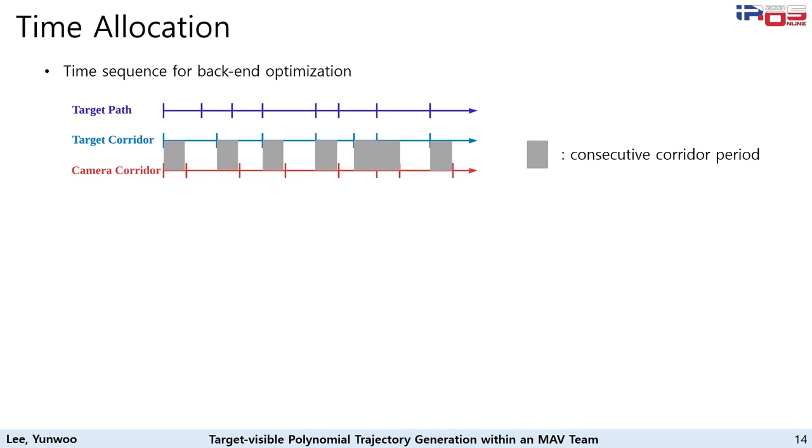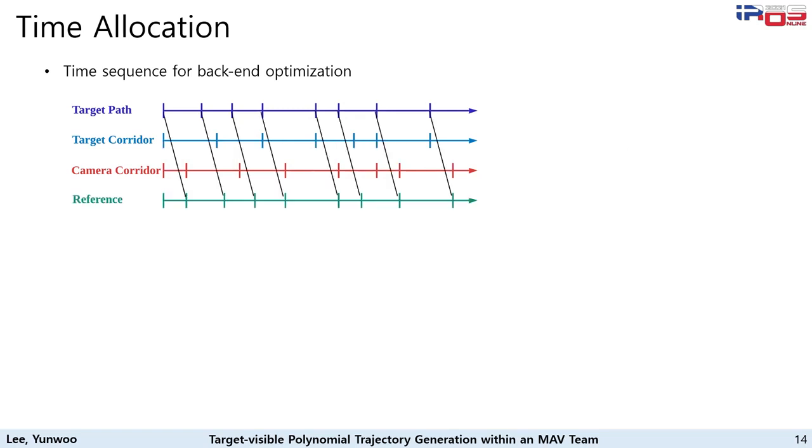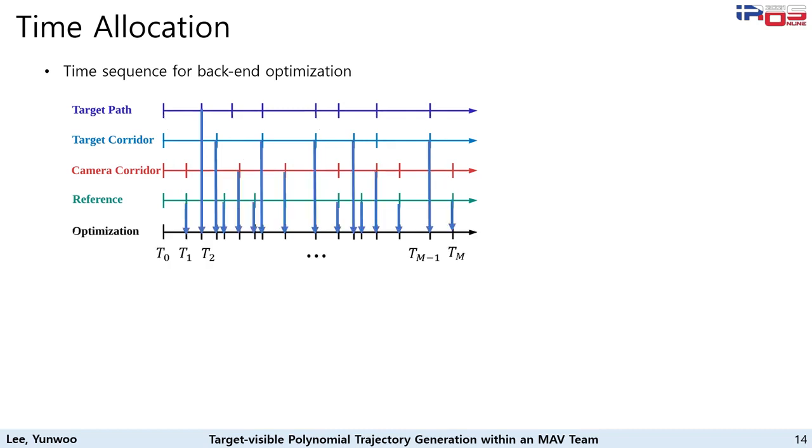Gray shaded time intervals are when the two agents are located in consecutive corridors, and white time intervals are when the two agents exist in the same corridors. And we use the previous target agent's trajectory for camera agents to follow the target agent. With these time node sequences, we can split time into multiple time intervals for the whole time duration, and in the backend optimization, M-segment polynomials will be optimized.